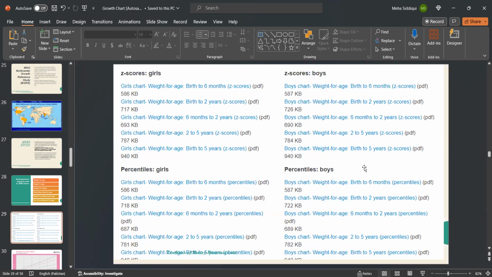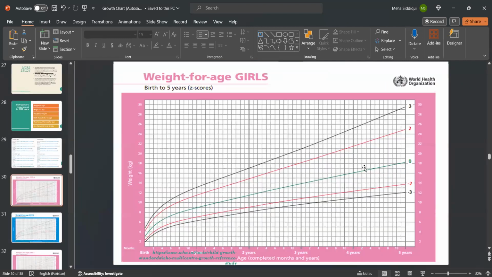So these are all the charts that are given on Google. These are the PDF charts for both boys and girls, and for each age category. So these are the WHO growth charts for birth up to 5 years of age. These are given in z-score.